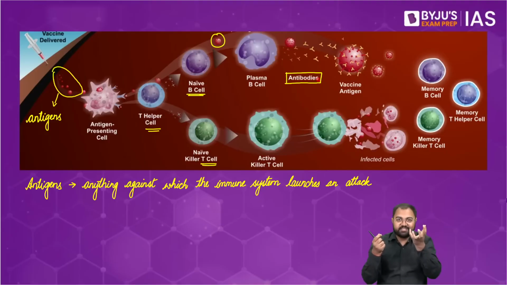This antigen is like the lock, and the antibody is the key that will fit into this lock. So these antibodies will be produced by the plasma B cells, by the B cells, you can say in simple terms. These B cells will produce antibodies in thousands to lakhs in numbers.